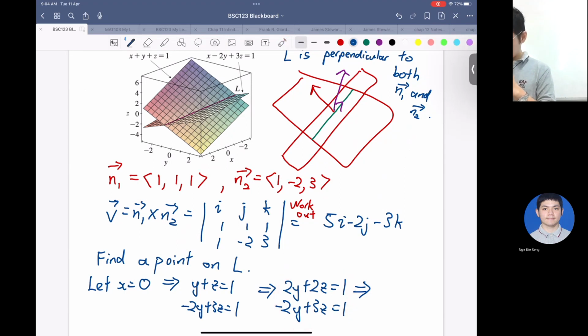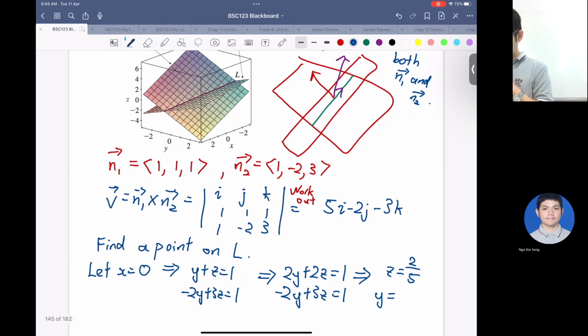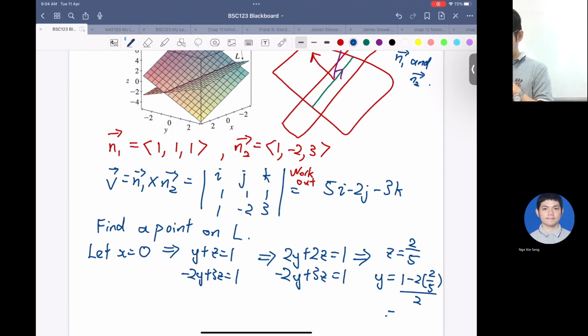So you get Z equals 2 over 5. And then you find that Y will be equal to 1 minus 2 times 2 over 5, over 2, which is 1 over 10.